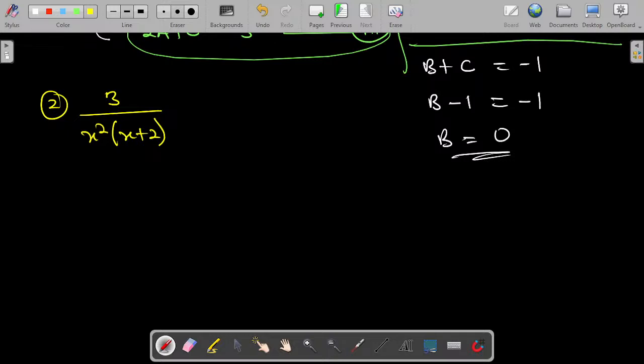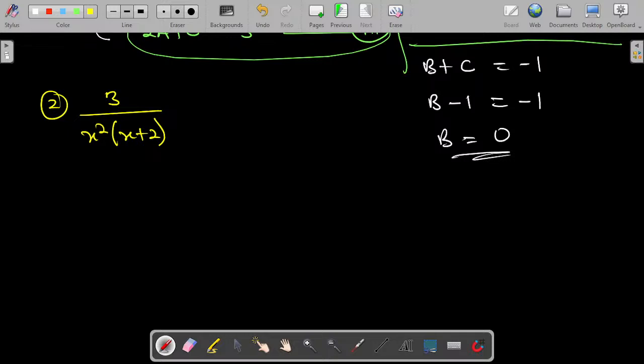I've understood it, sir. Okay. All right. So, what kind of partial fraction do you think this is? Which type? Do you think it is going to be distinct linear roots or quadratic? What do you think? Let me see your response or your view.